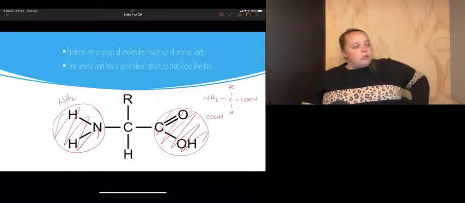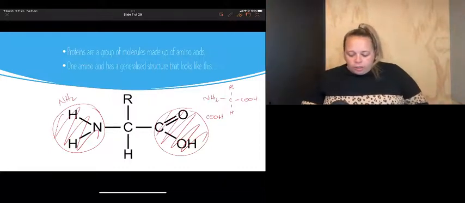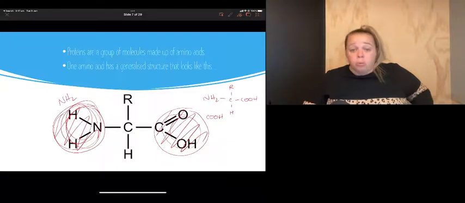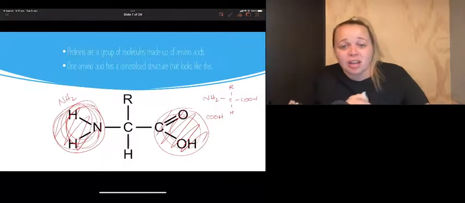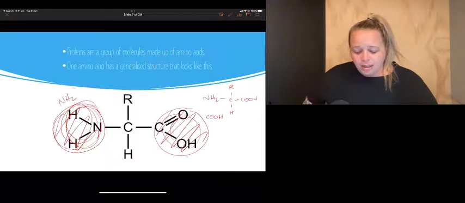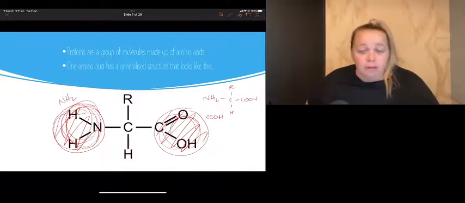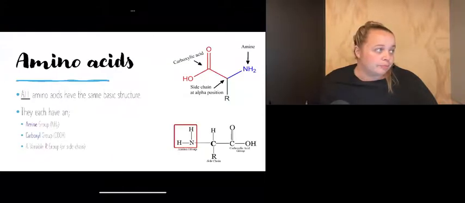You can draw it really, really simply. You don't have to draw all of these bonds unless you want to. If you're a chemist, go for it. This is a carboxyl group on the right, and this is an amine group on the left.